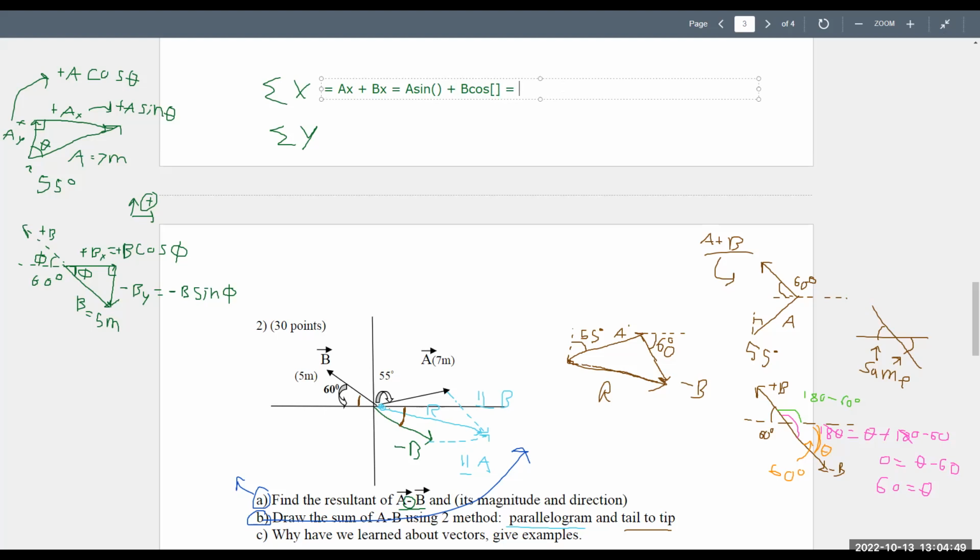A is 7 meters, sine of 55 degrees, B is 5 meters, cosine of 60 degrees.